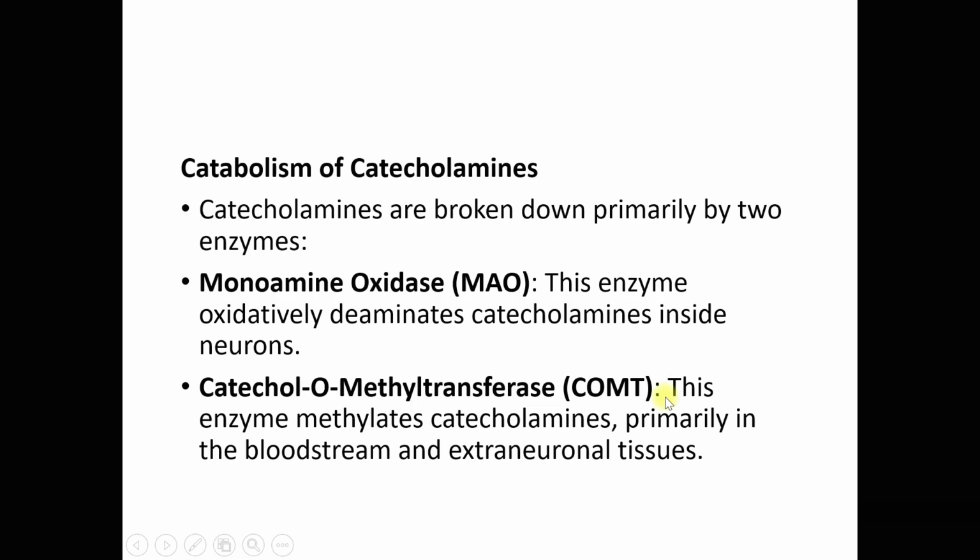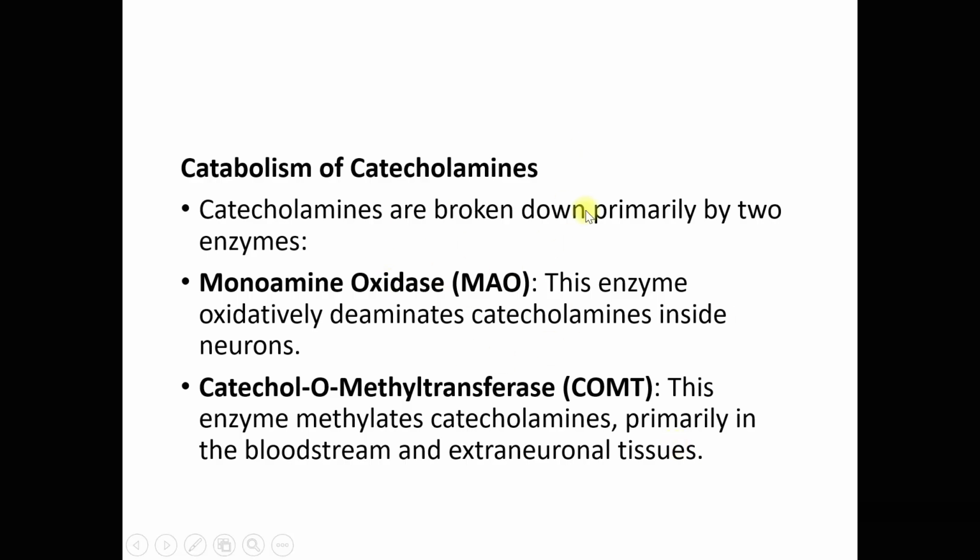There is a group of drugs called COMT inhibitors, which act on the COMT enzyme and prevent further degradation of catecholamines, thereby increasing the levels of catecholamines in our body, and are used as treatments for Parkinson's disease and depression.